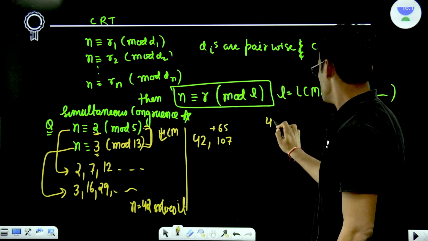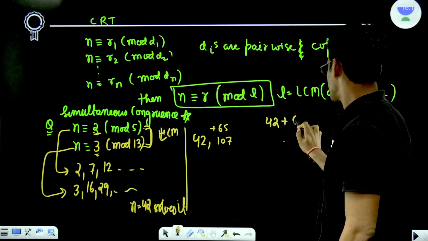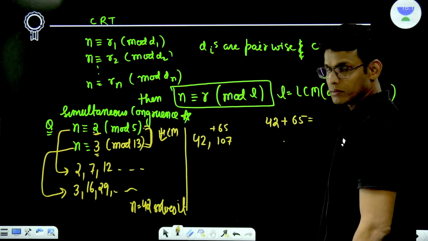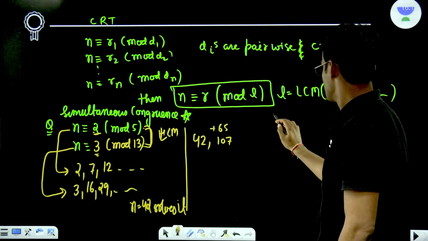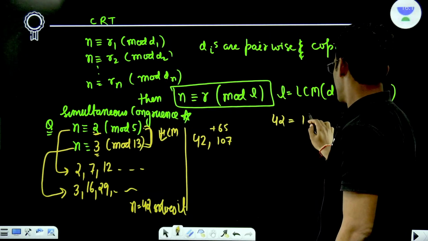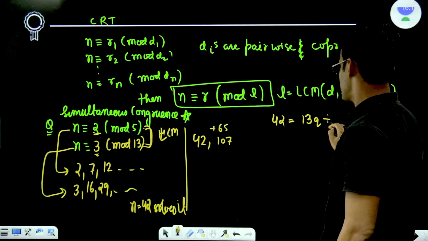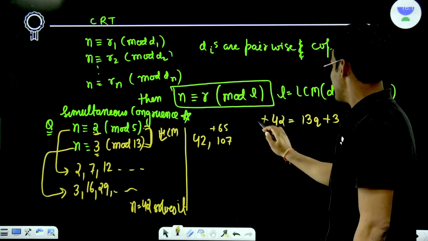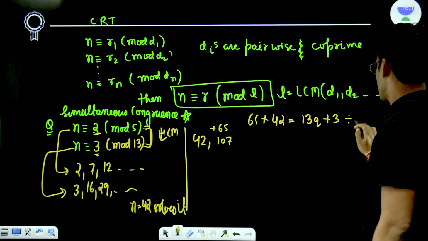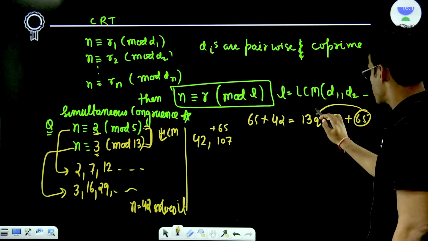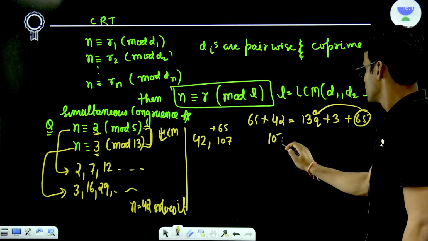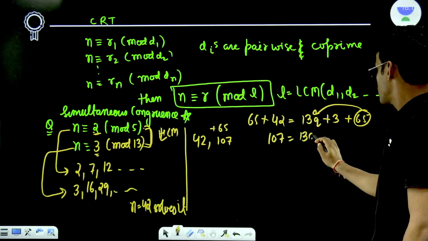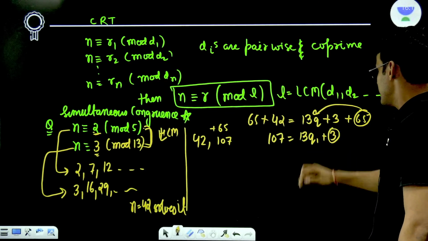So 42 plus 65. I'm writing 42 as 13 times q plus 3. If I'm adding 65 here, I'm actually adding a multiple of 13. So this becomes 13q1 plus 3, and the remainder remains intact.